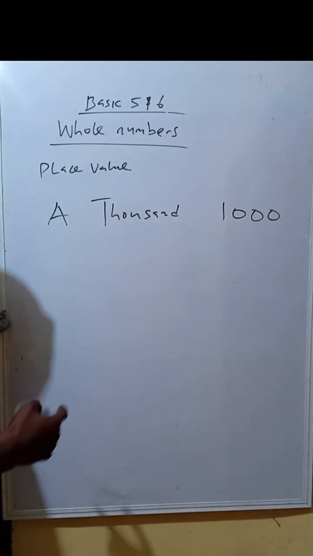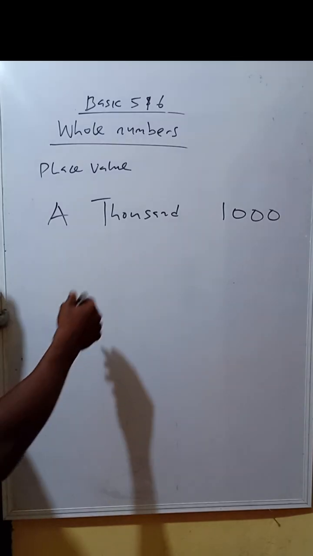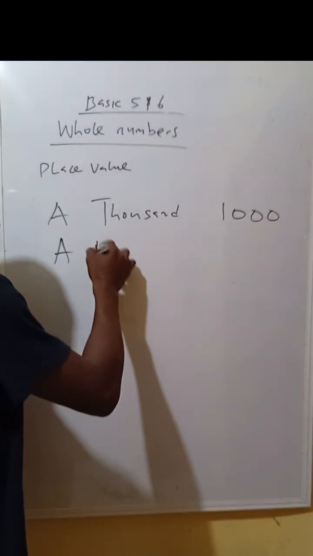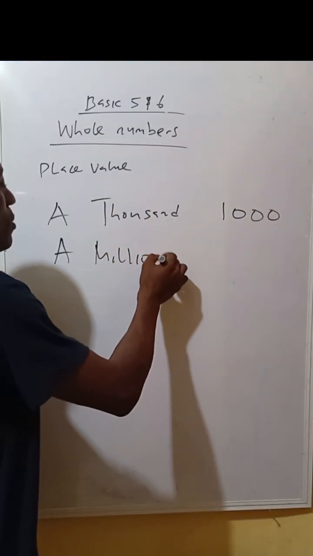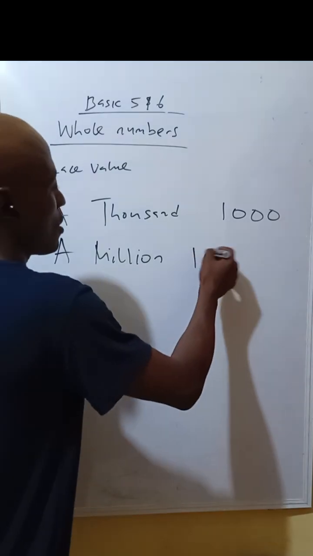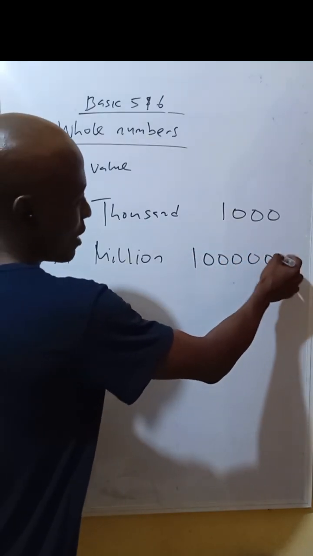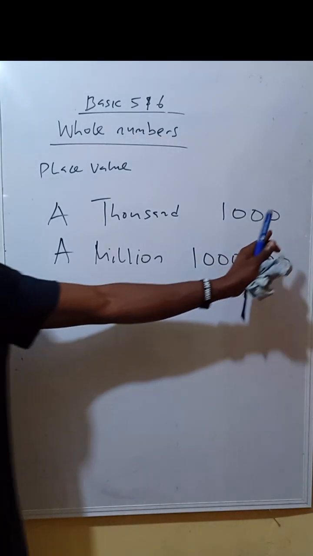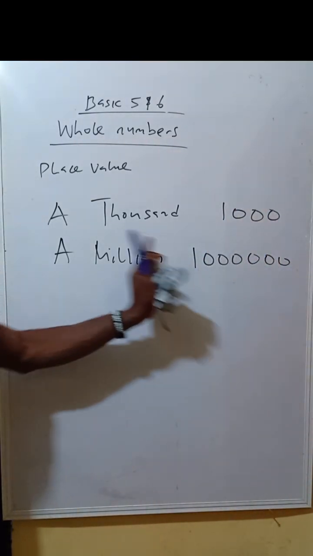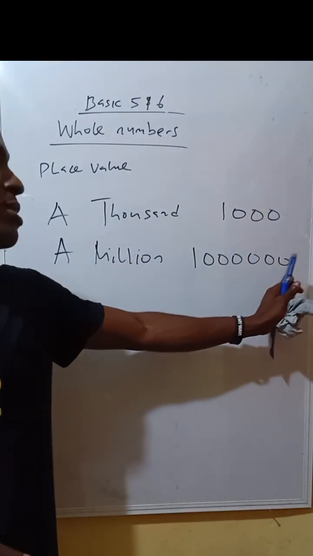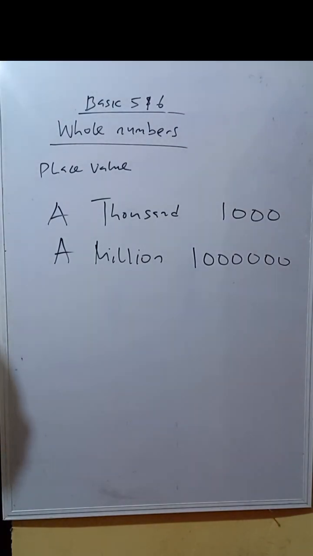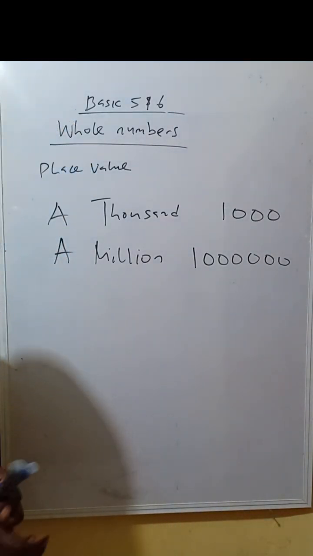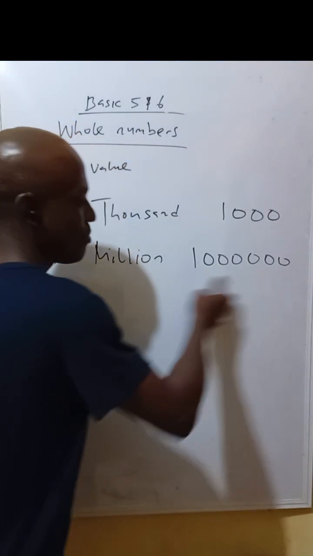Then after 1,000, a million. That's thousand of thousand, like I call it. 1,000 has three zeros. 1 million has 6 zeros. That's why you hear people say six figures, talking about the digits at the back.